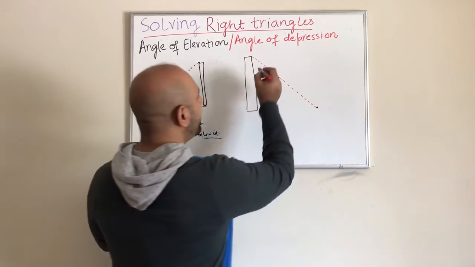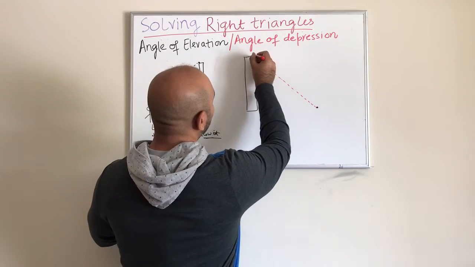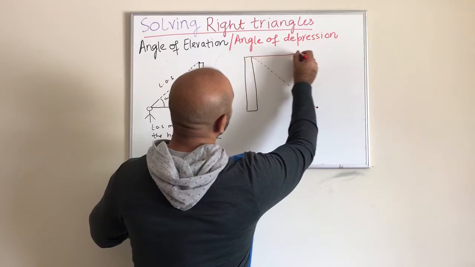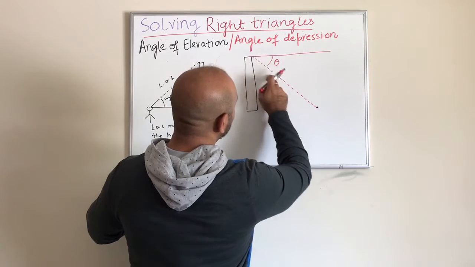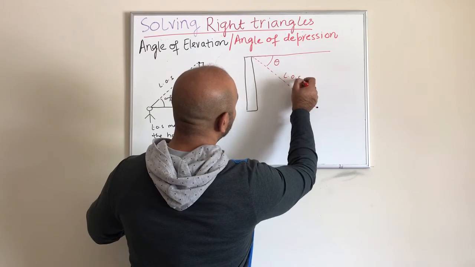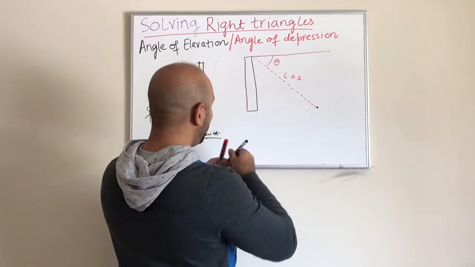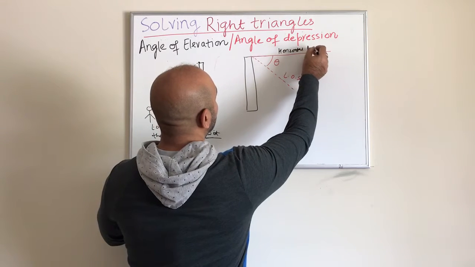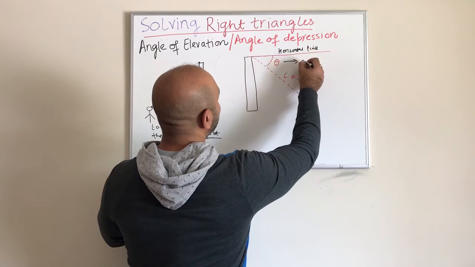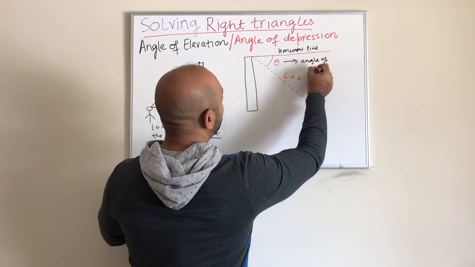So in this case, we got to draw an imaginary horizontal line here, and the angle of depression is going to be this angle. This is my line of sight, and the other one is my horizontal line. So this is going to be my angle of depression.